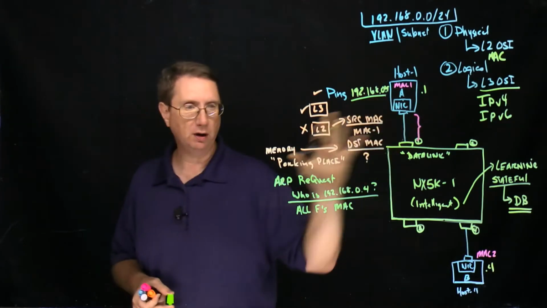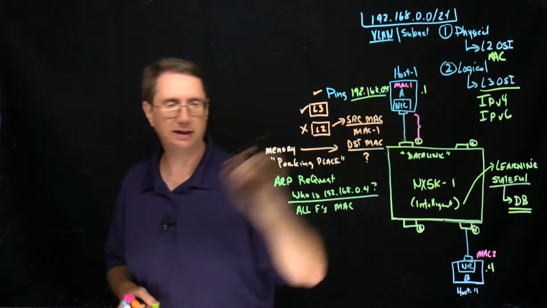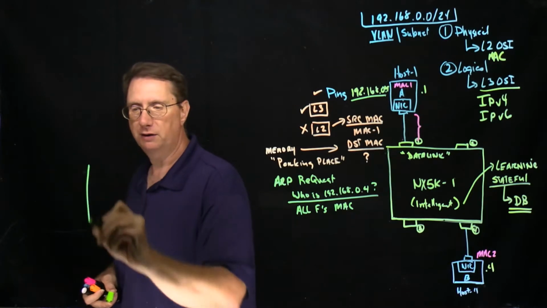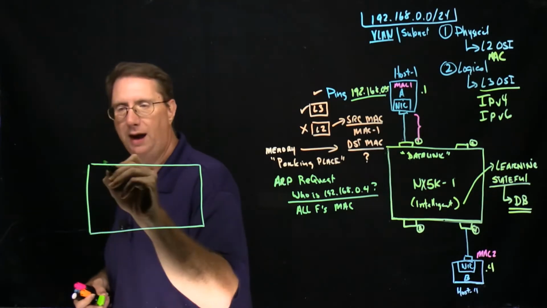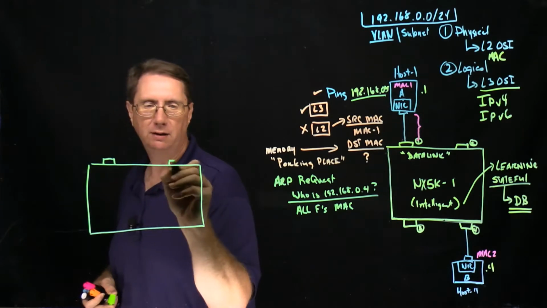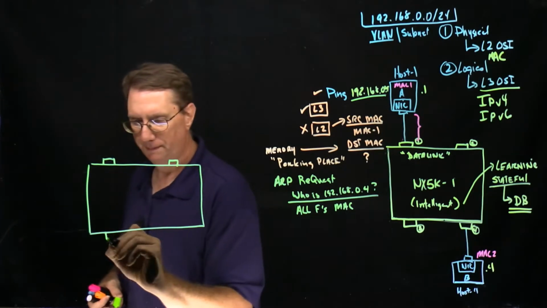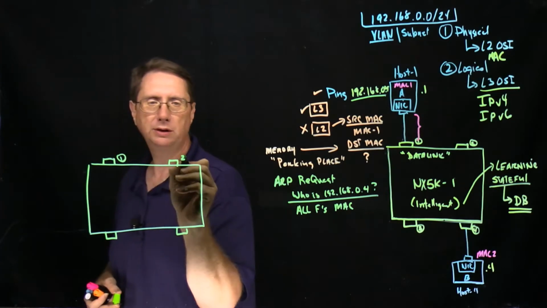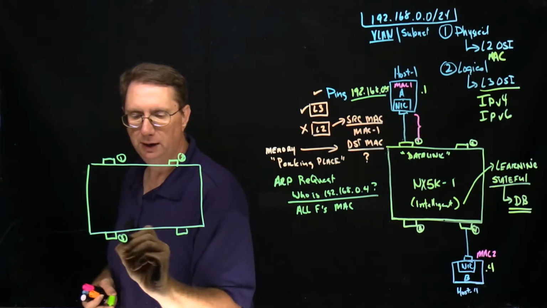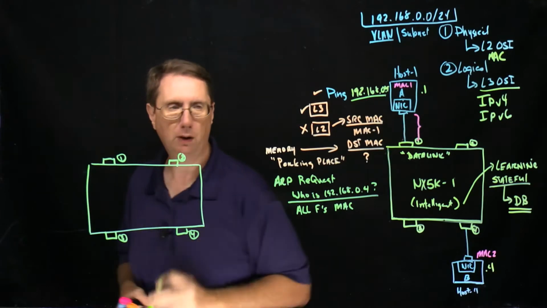So, just for clarity's sake, to keep from having to erase this, I'm going to come over here and redraw my switch. And again, we said that this switch had 4 ports on it. We said this was port 1, port 2, port 3, and port 4.